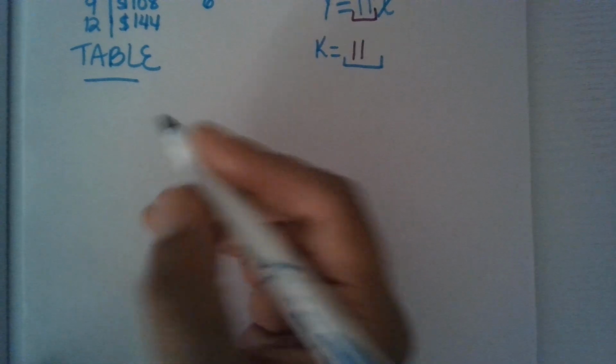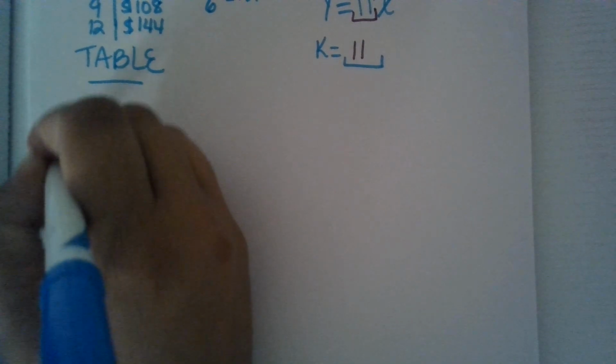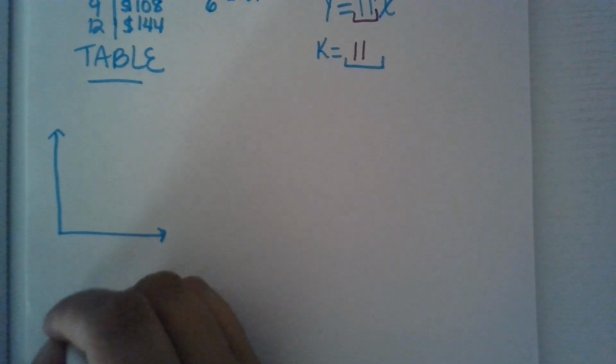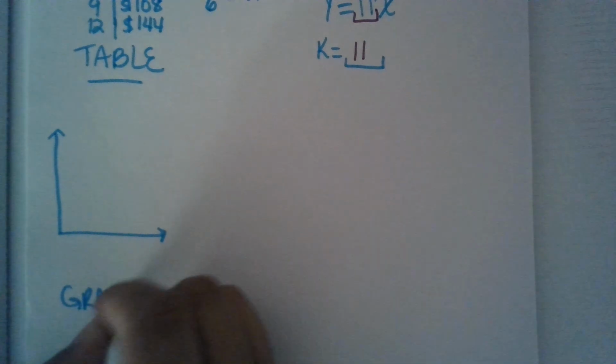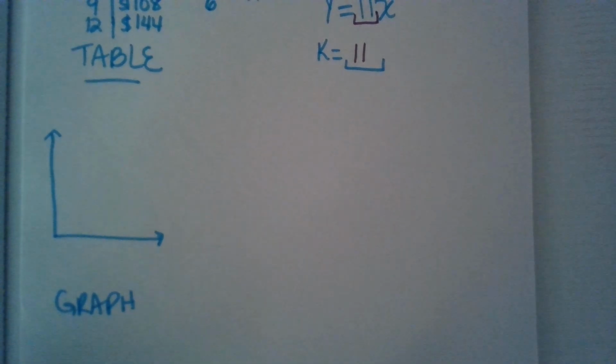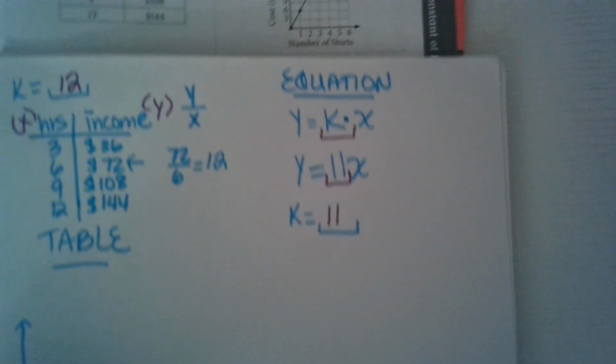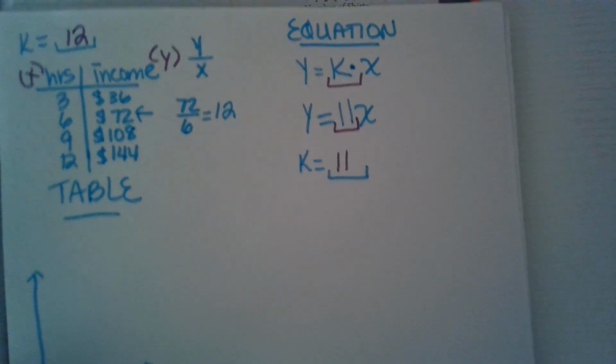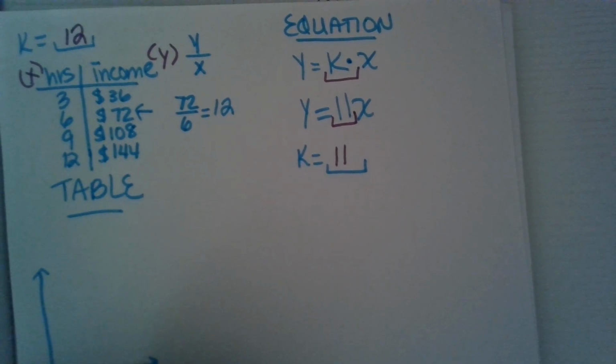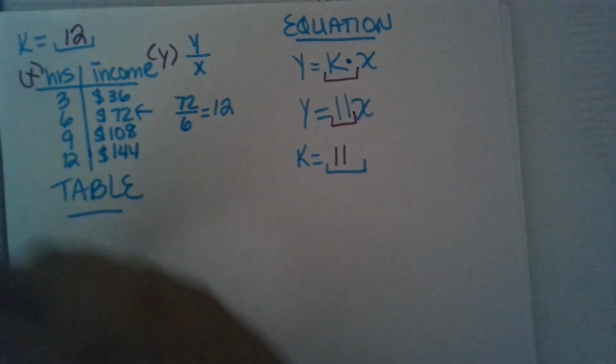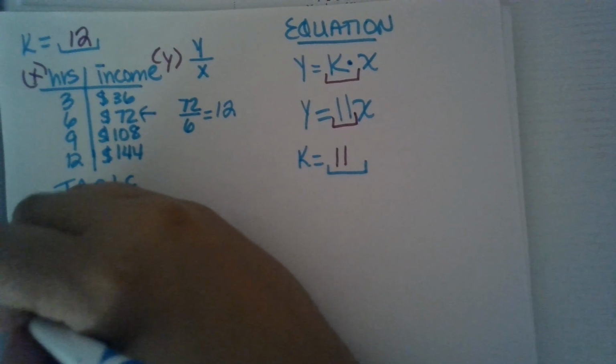Now, what if I give you a graph? If I give it to you in a graph, and I say I want my magic number, this represents shirts and this represents your cost.